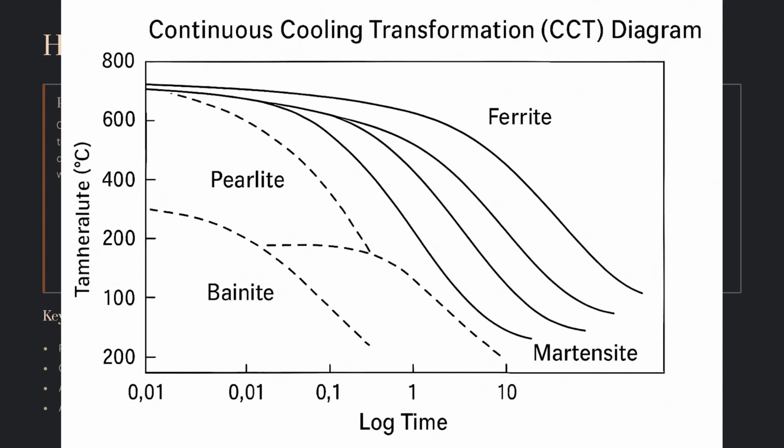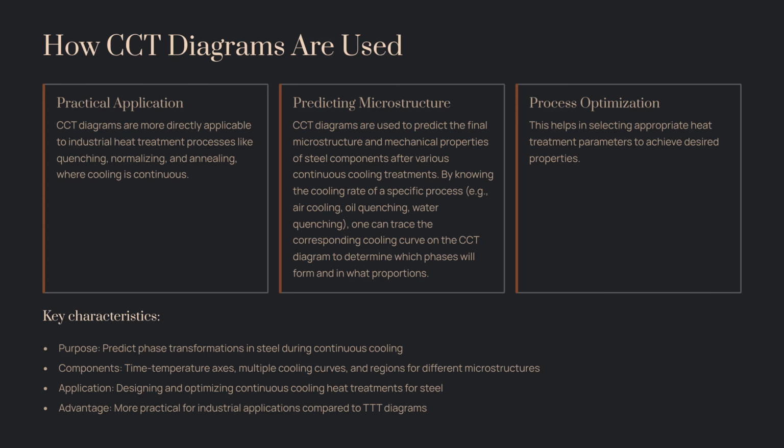Differences from TTT diagrams. Cooling condition: TTT diagrams are for isothermal transformations, constant temperature, while CCT diagrams are for continuous cooling. Curve shape: the transformation curves on CCT diagrams are generally shifted to the right, longer times, and downwards, lower temperatures, compared to TTT diagrams for the same steel.